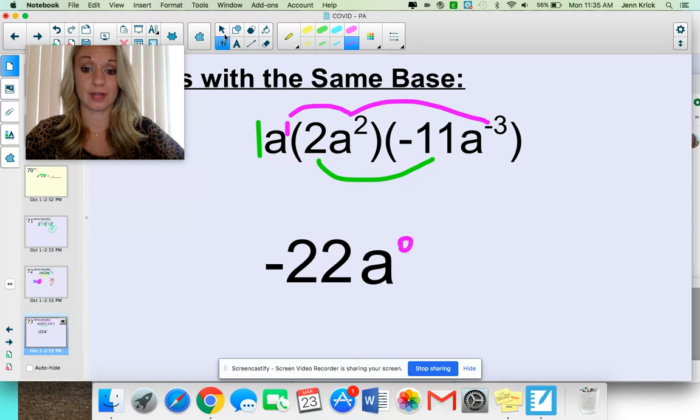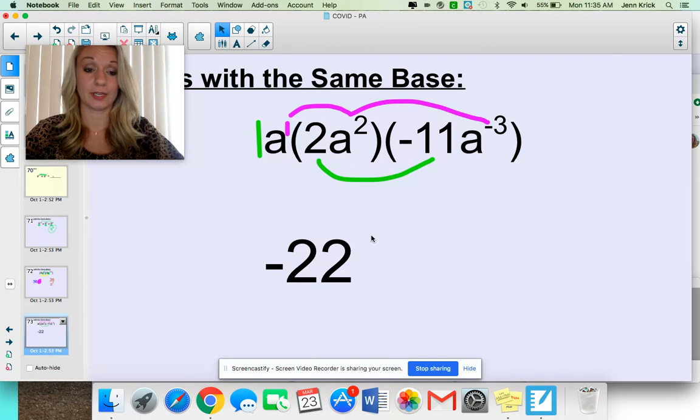But ask yourself, do you need a to the 0 power? You don't, because that's just 1, and we talked about that yesterday. So technically, we can just get rid of this whole piece here, and your simplified expression would literally just become negative 22. And then you're done.